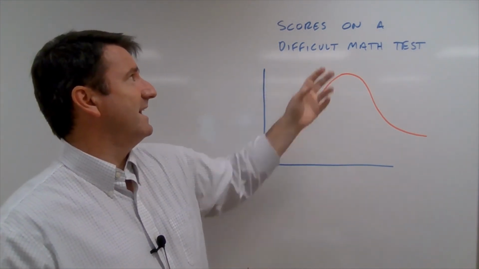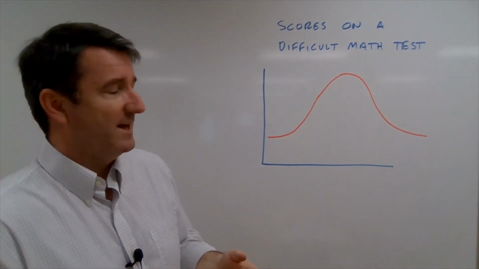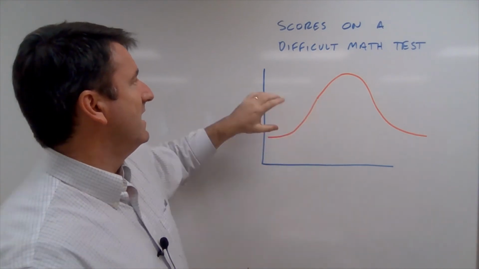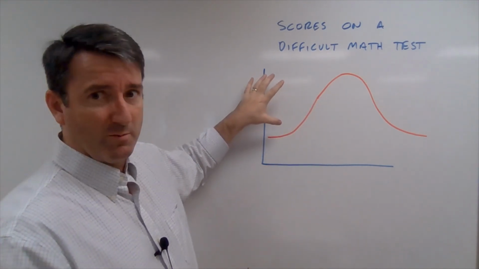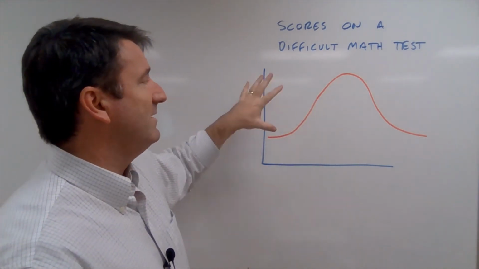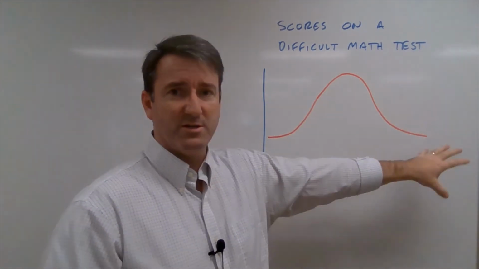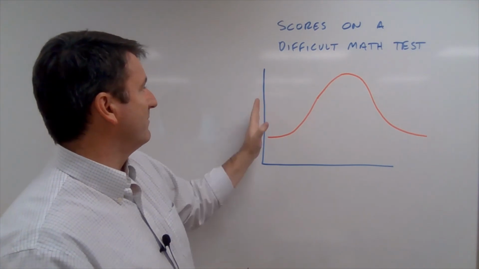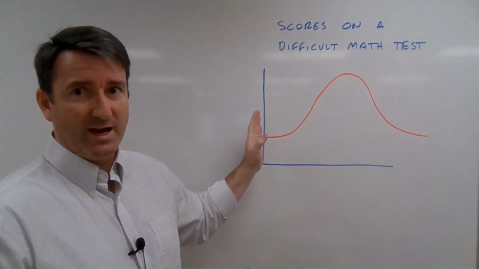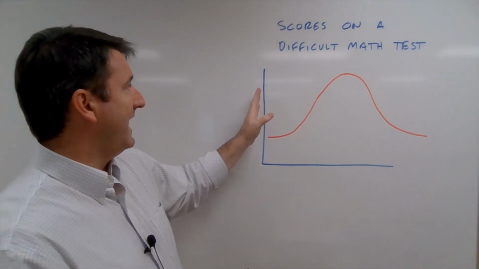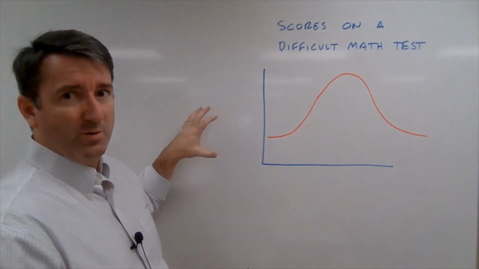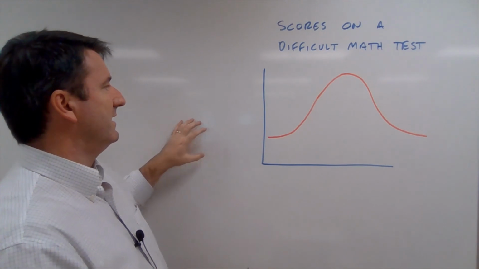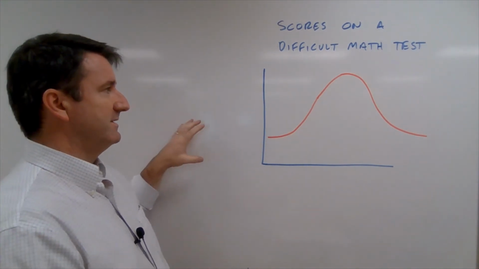Now, had I said scores on an easy math test, well then this median, this peak, would be more in the A or B range up here. Then we would expect it to be skewed to the right. And the reason for that is because we're bumping up against this maximum grade here. The maximum grade would be an A, and so there's no room for the values to be spread out to the left.